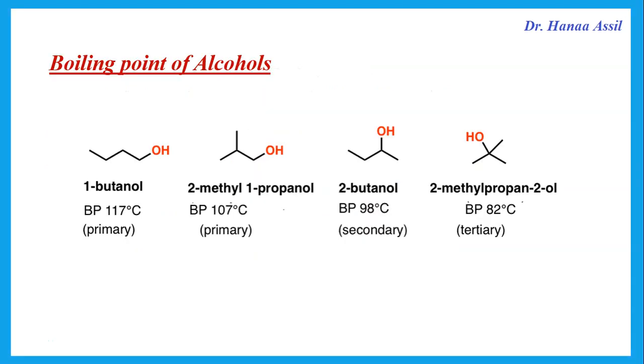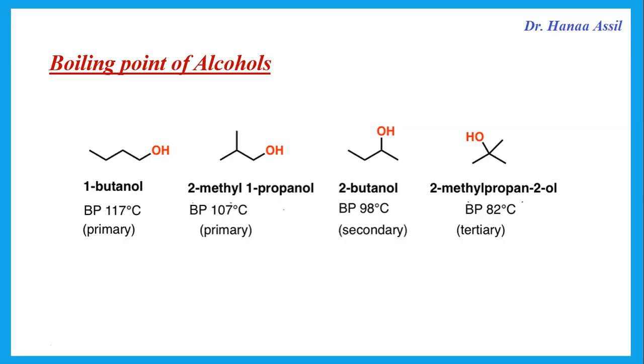Now, another thing, boiling point of alcohols. Remember that the boiling points of alcohols depend on the number of carbons. First of all, we know that more carbons give higher boiling point. But if we have the same number of carbons, then more branching has lower boiling point.